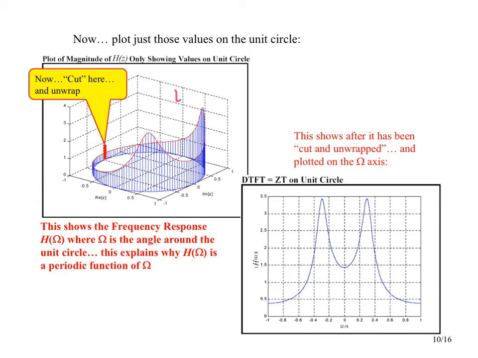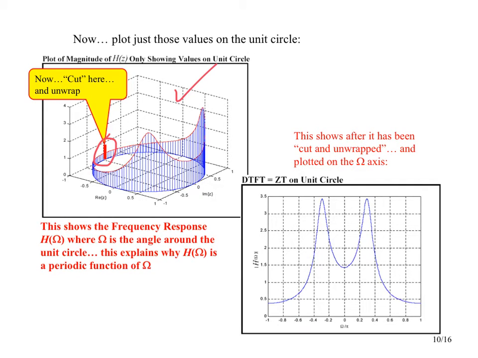So here I've extracted that curve. I've basically cut away all the other parts of the Z transform transfer function magnitude, and left just that curve. And what I'm going to do is cut right here at the Z equal to -1 point. And what angle is that? Well, it's angle plus pi.